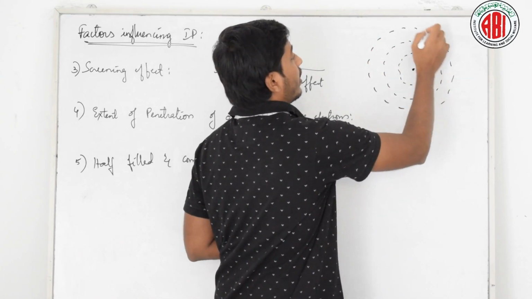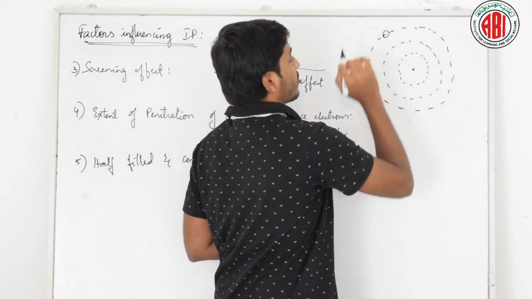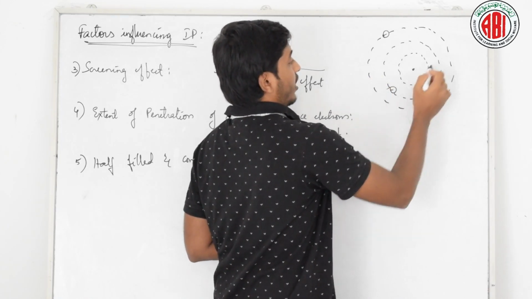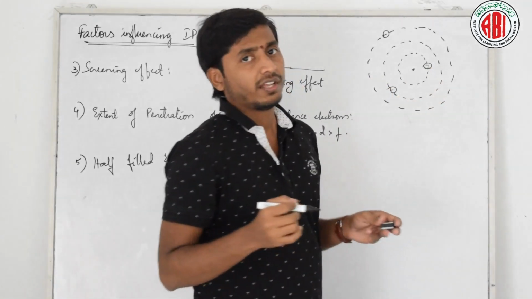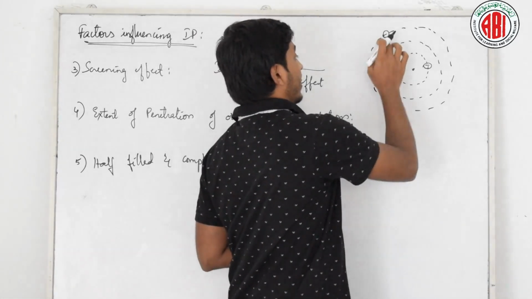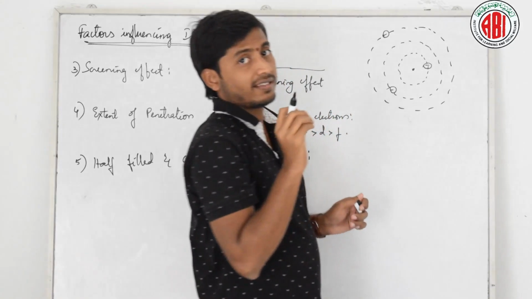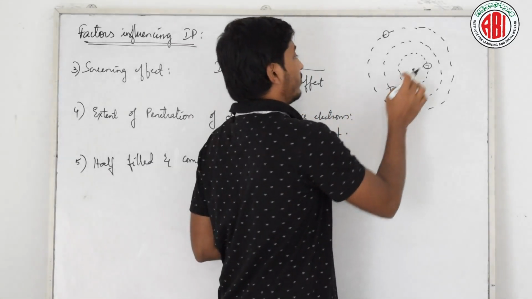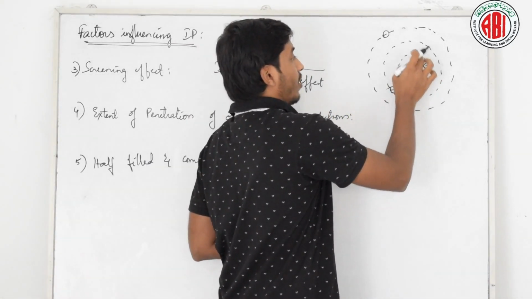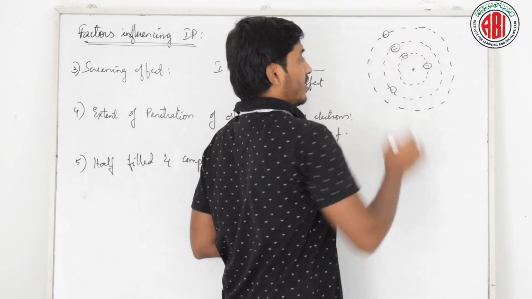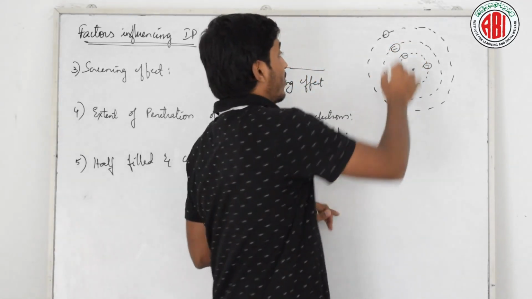For example, if my electron is rotating here, then one more electron rotates here, and another rotates here, which means at some instance this electron will come to this path, or else this electron might come to this path, which means they may lie on a straight line.